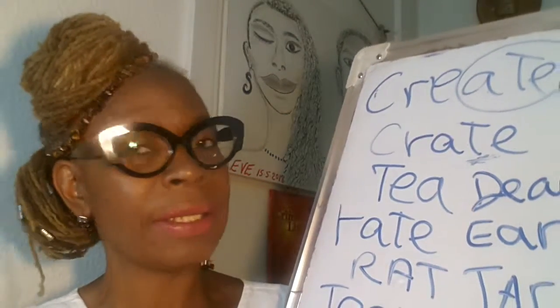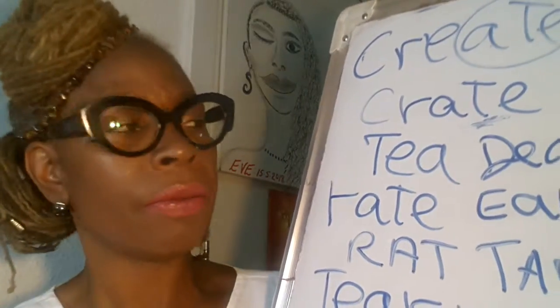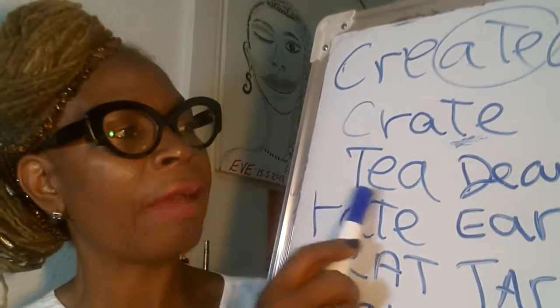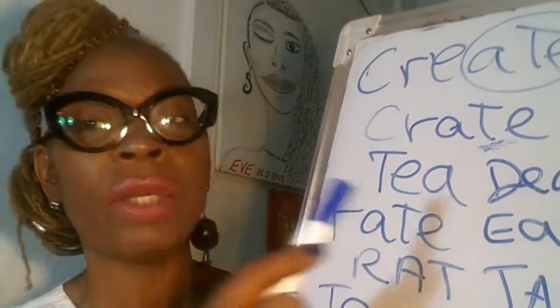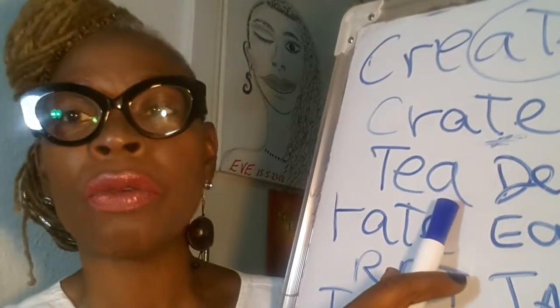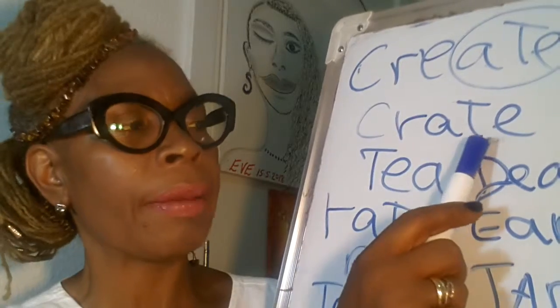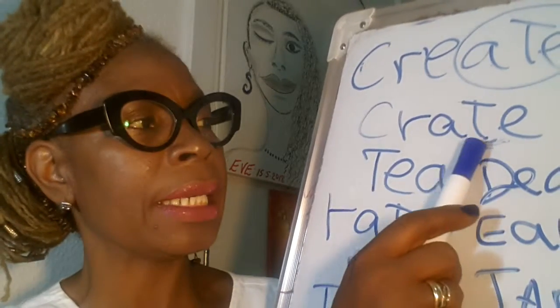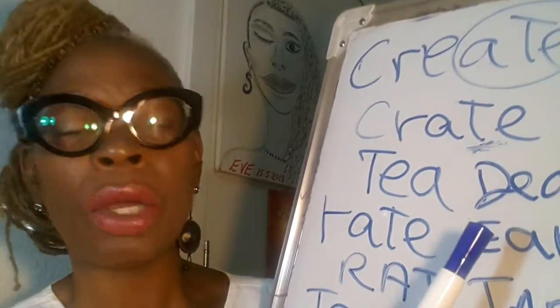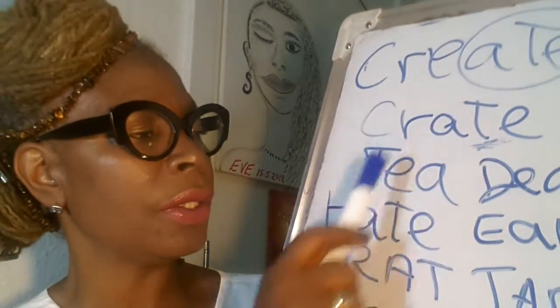We see in the business world, we are always saying, dear Mr. Smith, or we would have tea, invite others for tea, which would be a producer of the land. We would have crates for packing and exporting or importing or delivering the goods, the tea.